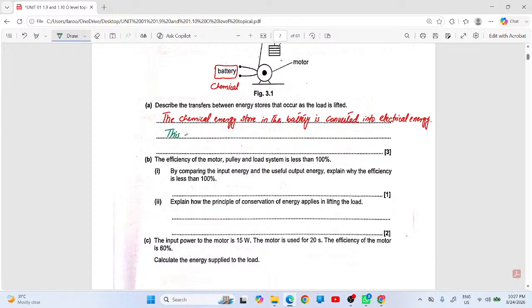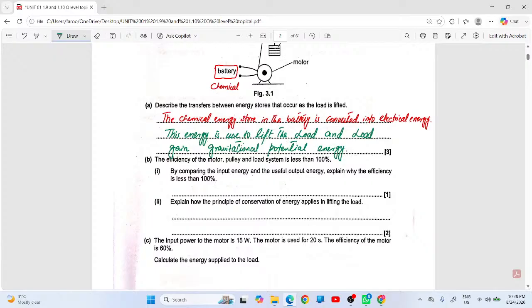And load gains gravitational potential energy.